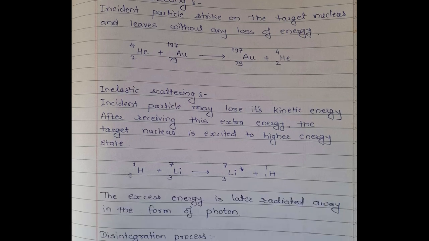On the other hand, if the incident particle loses some of its kinetic energy to the target nucleus, what will happen? The target nucleus goes to an excited state as it has received some excess energy from the projectile particle. And again it comes down to the ground state by losing the excess energy in the form of a photon, because no nucleus will remain in the excited state forever, right?